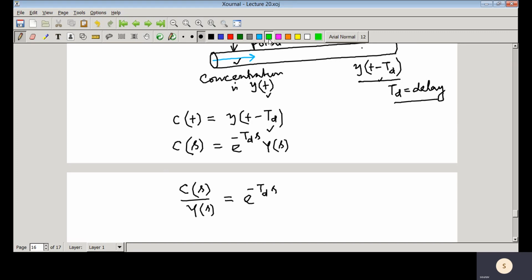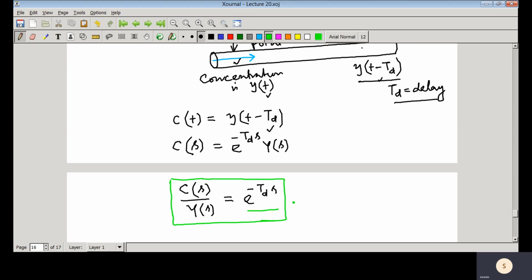This is very important: whenever you have some delay in the loop, or if there is any transportation lag, it can be modeled as e to the power minus Td s, that is output by input. But you can see that if you expand e to the power minus Td s, this is actually not finite dimensional, this is infinite dimensional if you see the series.